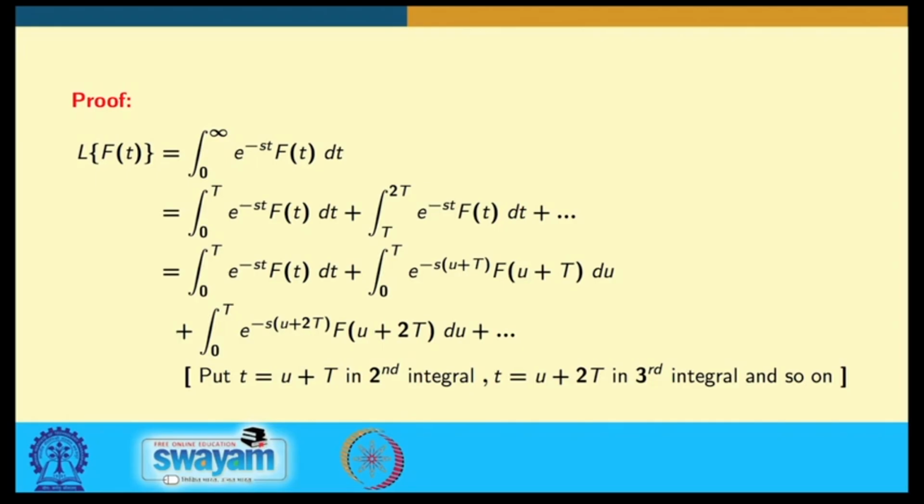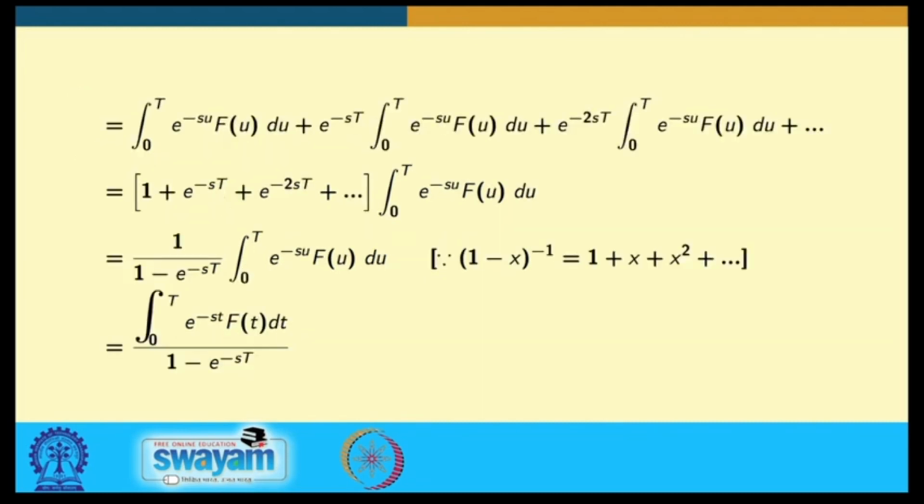Like this I am continuing. So from here I am just taking e power minus sT outside in the second integral, e power minus twice sT in the third integral outside.